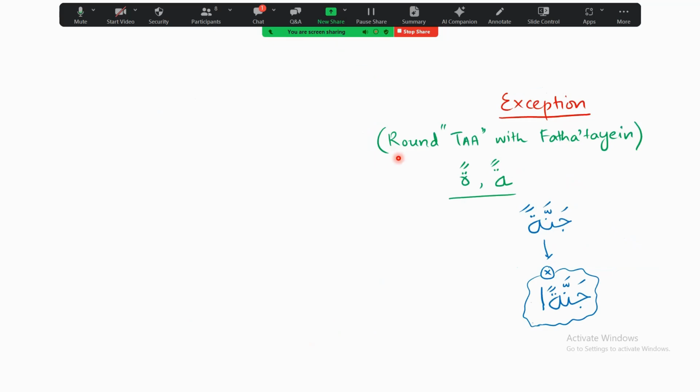We did the round ta as well. After that, we are not going to see an alif like this. Okay, we are not supposed to write the word jannatan with an alif at the end, because that is an exception to this rule. Okay, the round ta. We will also see what other letters are exceptions sometimes. We will see that as we move forward, inshallah.